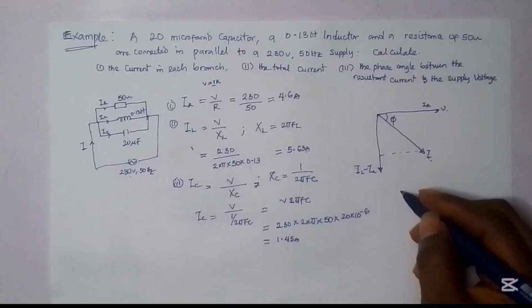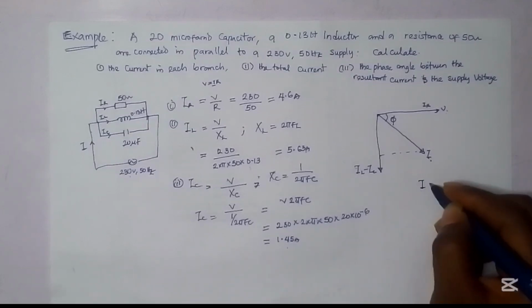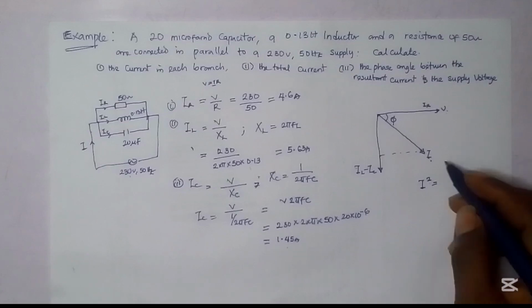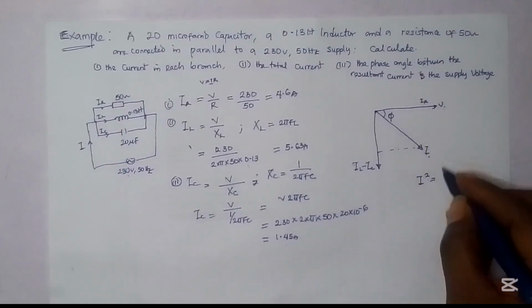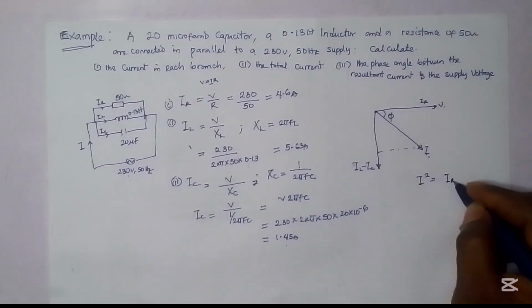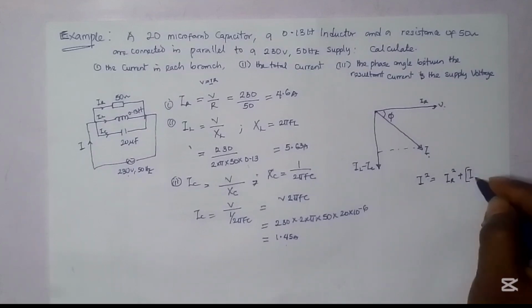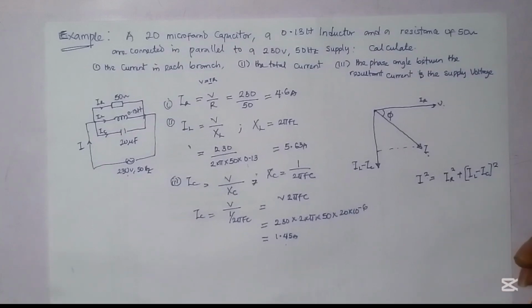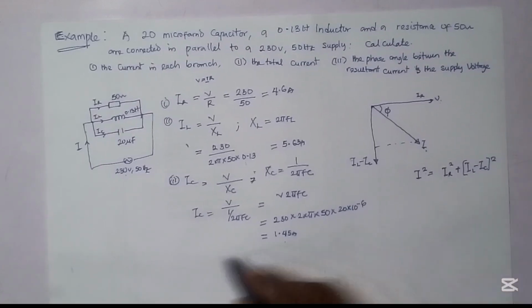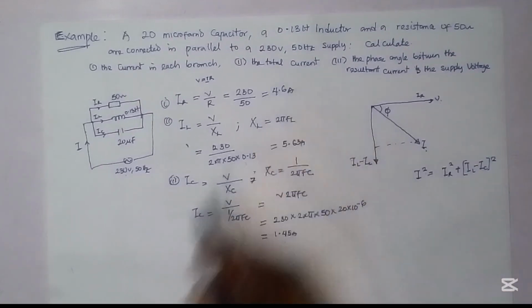So we can easily derive an expression where our I squared is the same thing as IR squared plus (IL minus IC) squared, which is Pythagoras theorem. We can use that to solve for the total current.